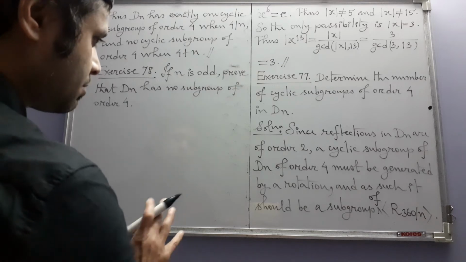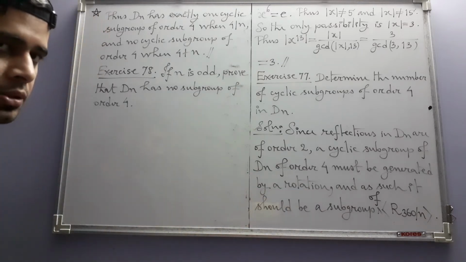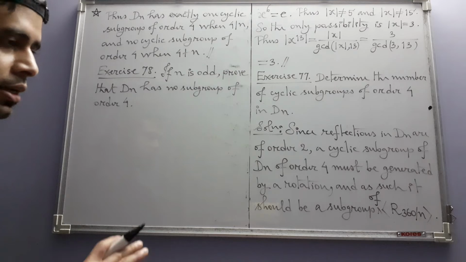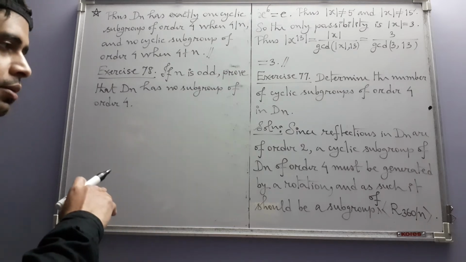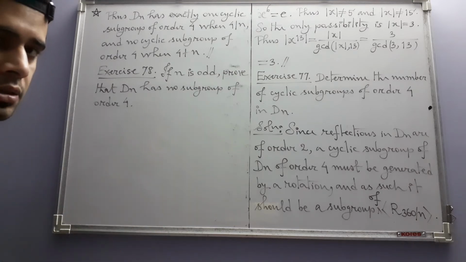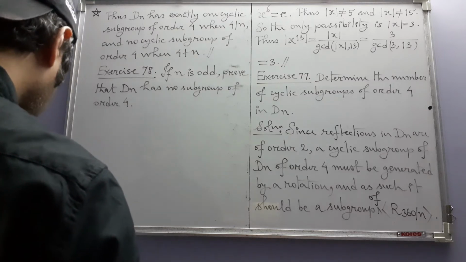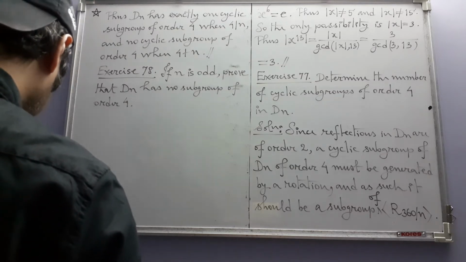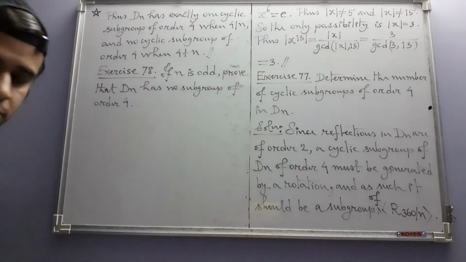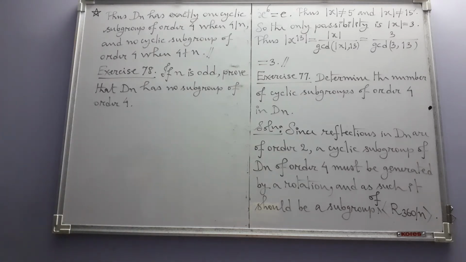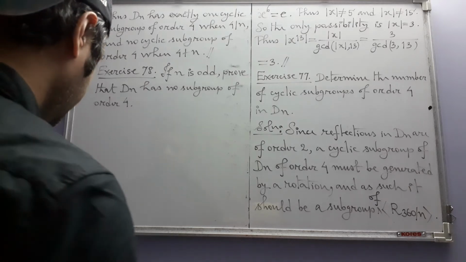We have its version for cyclic groups, that is, every subgroup of a finite cyclic group is such that its order divides the order of the original group. That in general is true, that is Lagrange's theorem. Okay, so here we can write the solution like this.